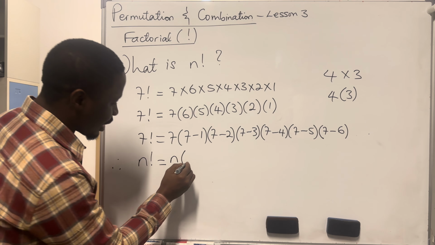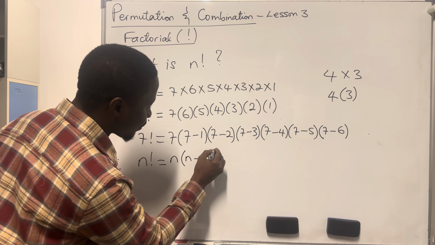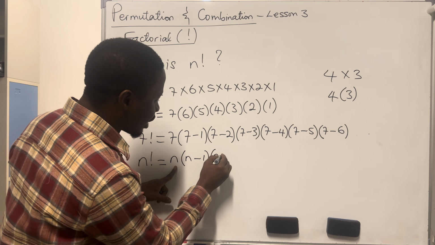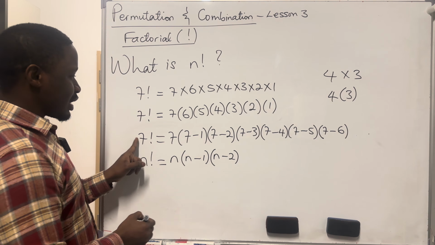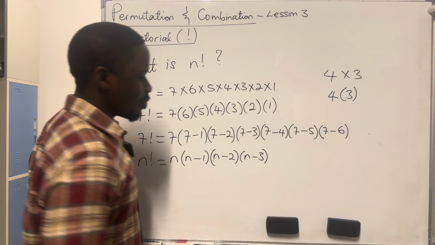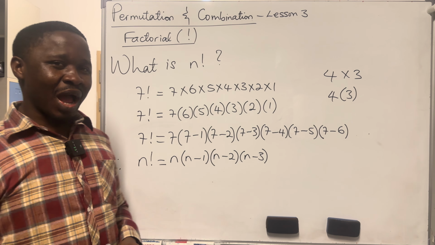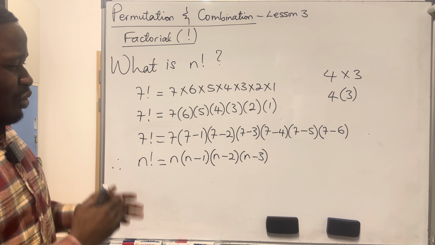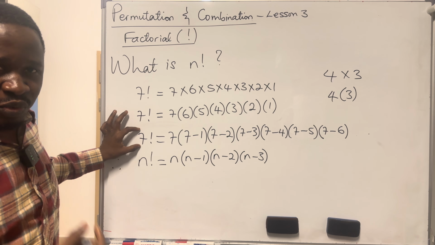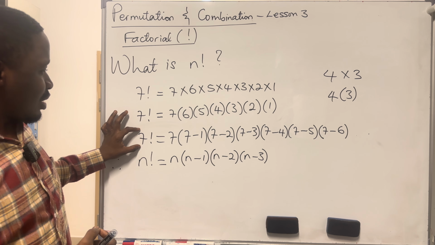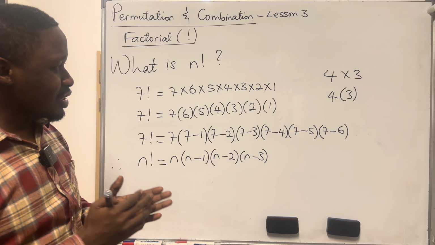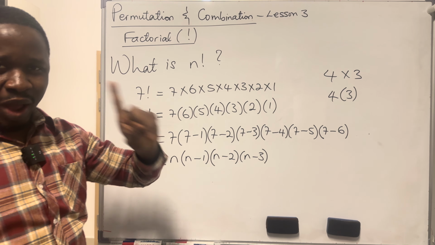So the same thing, n minus 1. The same 7 here minus 2, so we also say n minus 2. 7 minus 3, we also say n minus 3. But if you are a good observer, you will notice that because this one is a numerical value, a known value, we know the end. It is a must that the end is 1.